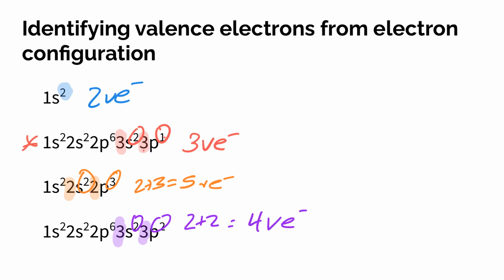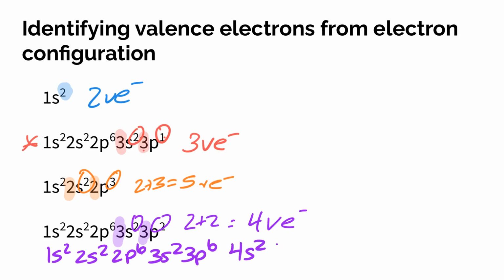So you're always going to have to look, because remember, if we get higher up, and this was 1s2, 2s2, 2p6, 3s2, 3p6, let's say 4s2, 3d7. Well, this is where you have to look at 3, 3, and 3, but those aren't the outermost shell. What's the outermost shell here?